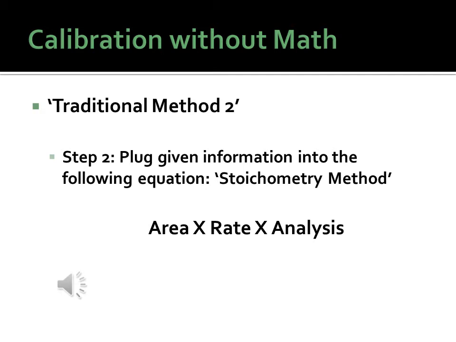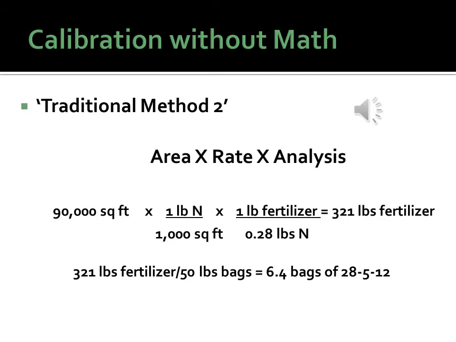Area, 90,000 square feet, times rate, 1 pound of nitrogen per 1,000 square feet, times analysis, 1 pound of fertilizer per 0.28 pounds of nitrogen, gives us the same answer of 321 pounds of fertilizer, which is equivalent to 6.4 bags of your 28-5-12. Just a different math formula to get the same answer on your traditional method.